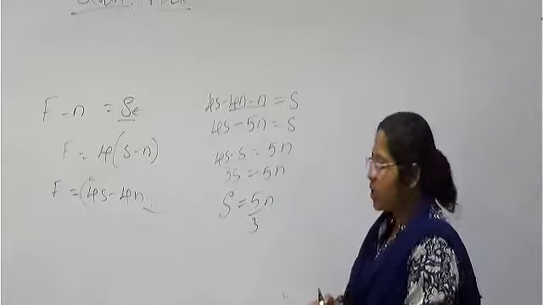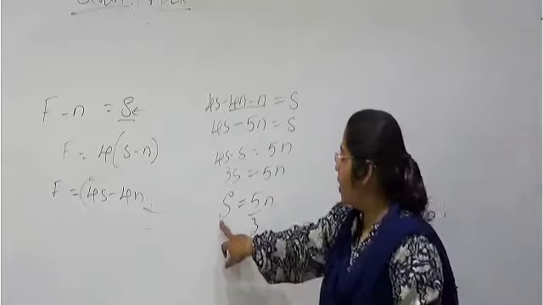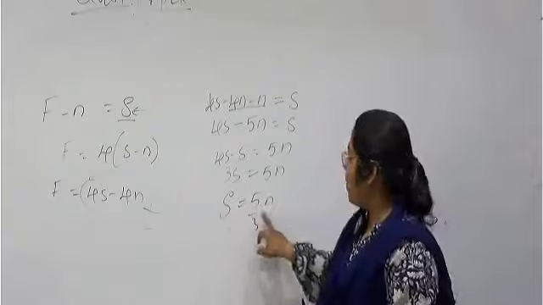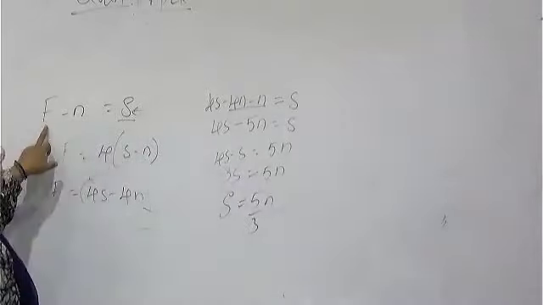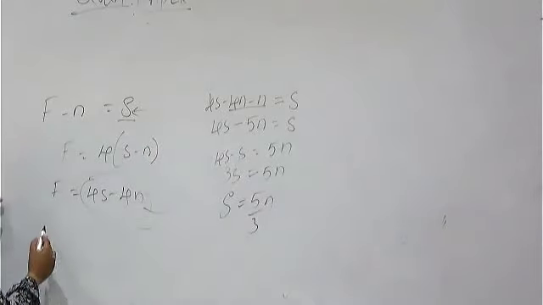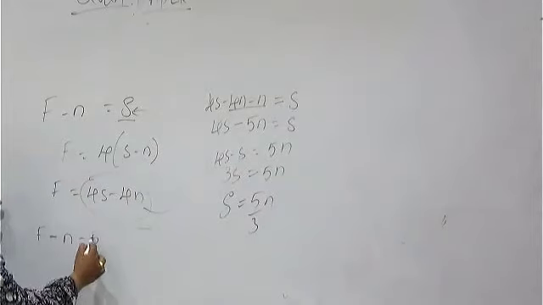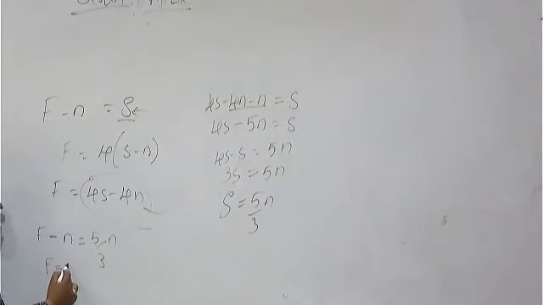This value I want. S in terms of n is 5 by 3n. Now substitute here to get F value. F minus n is equal to 5 by 3n. F is equal to, setting that n this side, 5 by 3 plus 1 into n. That becomes F is equal to 8 by 3n.